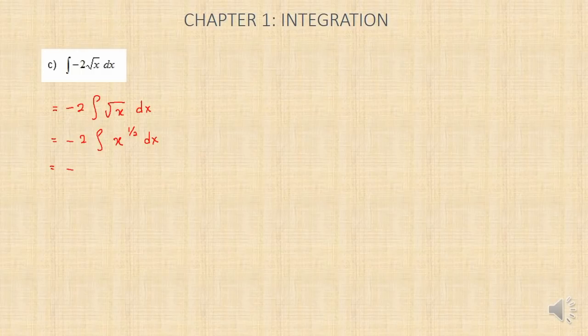Okay, so we have integral x power of 1 over 2, then we have x power of 1 over 2 plus 1 divided by 1 over 2 plus 1, and don't forget plus c.